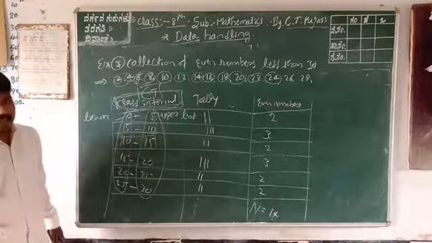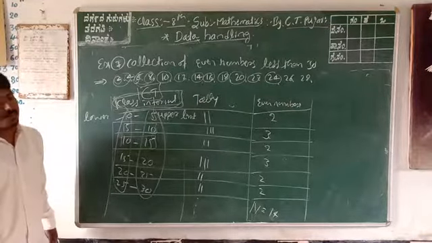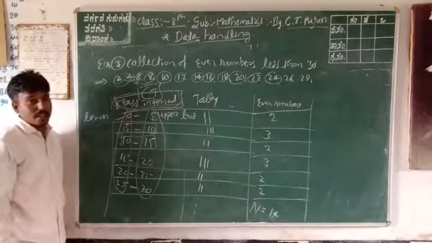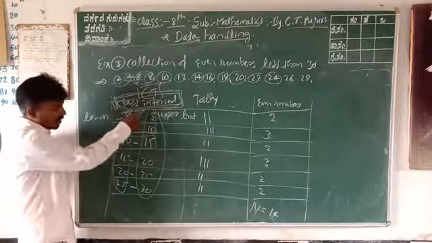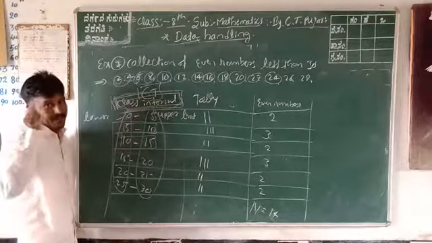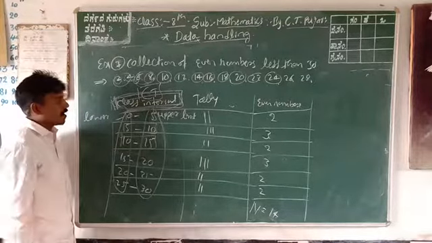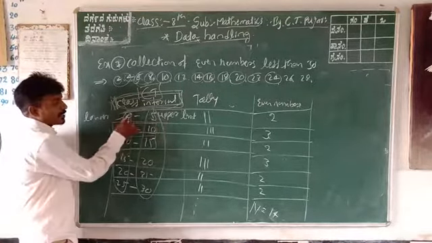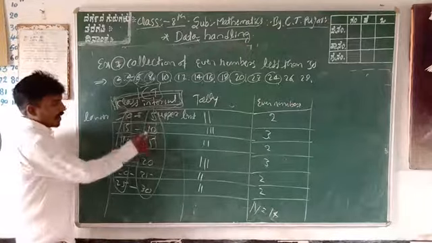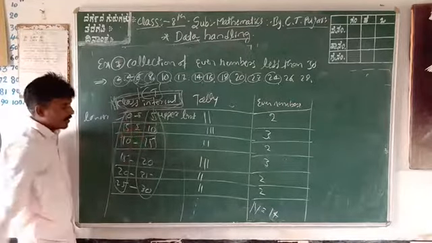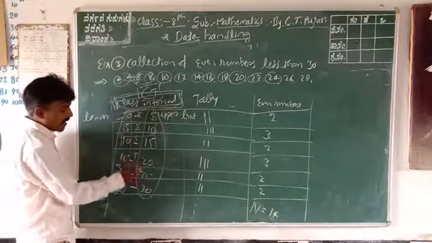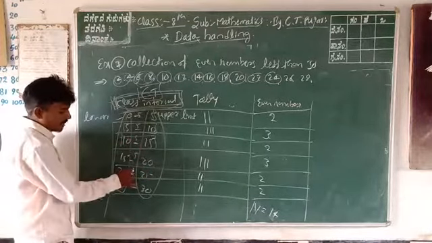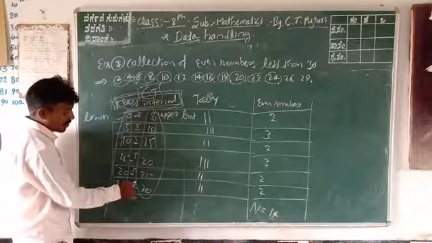And also, what is the width of the class interval? The main concept is that the width of all the intervals is the same, because 5 minus 0 is 5, 10 minus 5 is 5, 15 minus 10 is 5, 20 minus 15 is 5, 25 minus 20 is 5, 30 minus 25 is also 5.